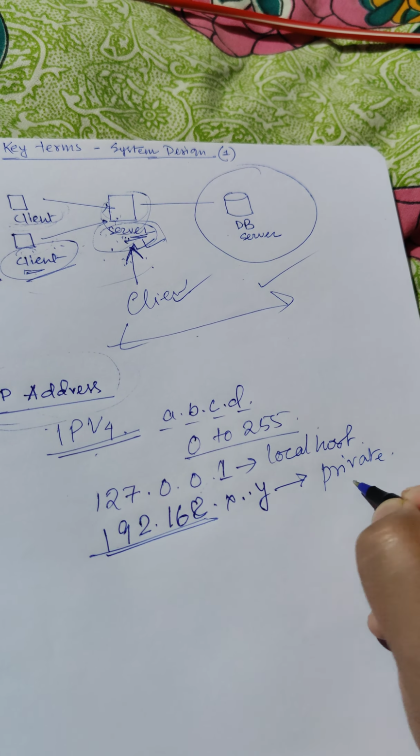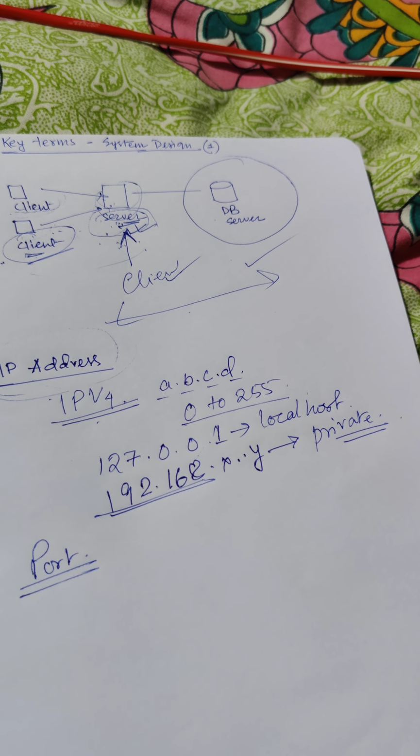Let's talk about ports. What is a port? You can assume that in your system, if you allow multiple programs to listen for new network connections on the same machine, they need to listen without colliding. So they need to pick some port number, and through that port number the programs can listen.